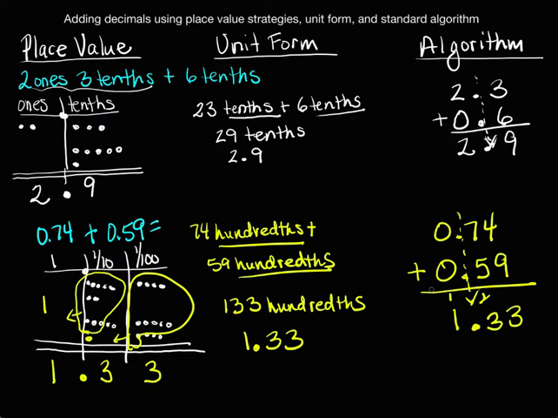We're adding units, and we have to only add by the same place value or the same unit forms. So it's important to note that when you're adding. And so place value is one way of helping us understand exactly what's going on in the algorithm, as well as the unit form.